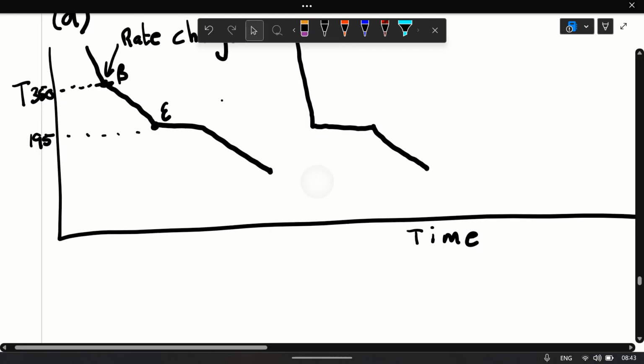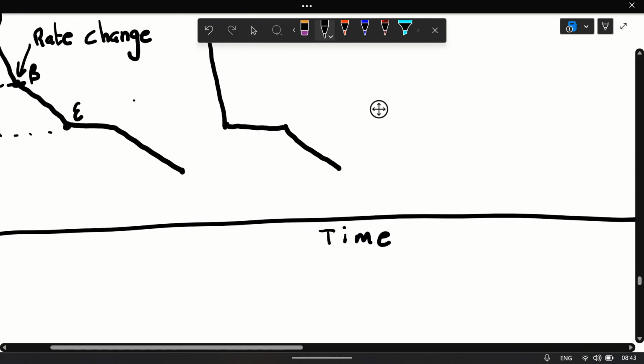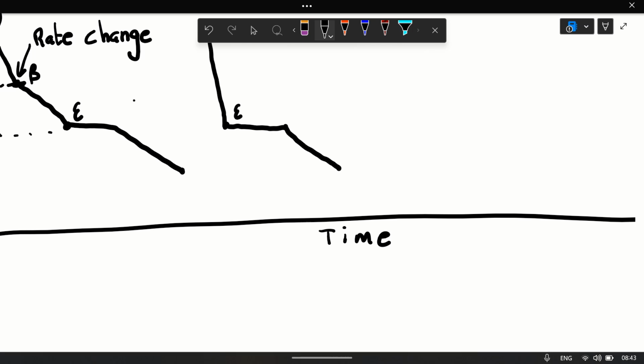There's no difference there. In other words, it just reaches the eutectic point, plateaus, and cools down. Simple transition from liquid to solid. And it's actually a congruent melting point, but anyway.